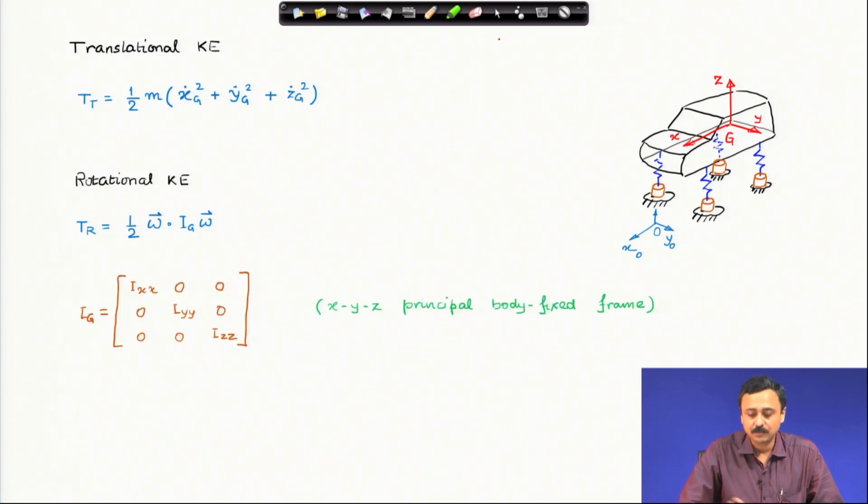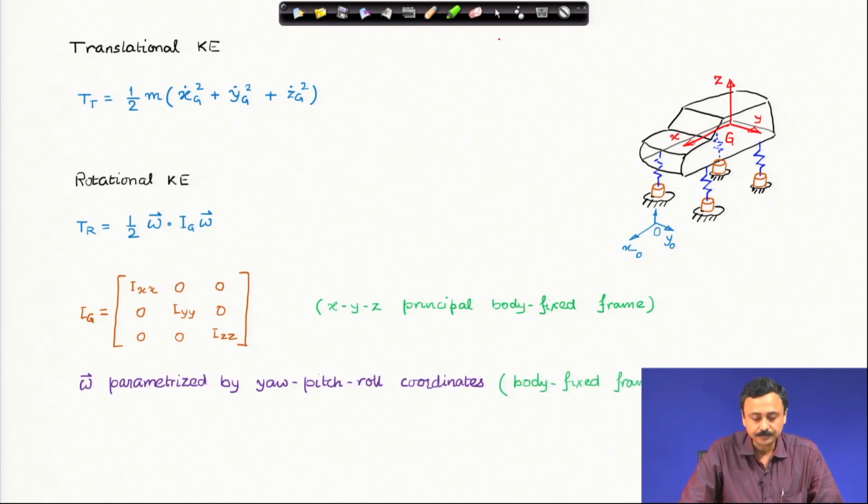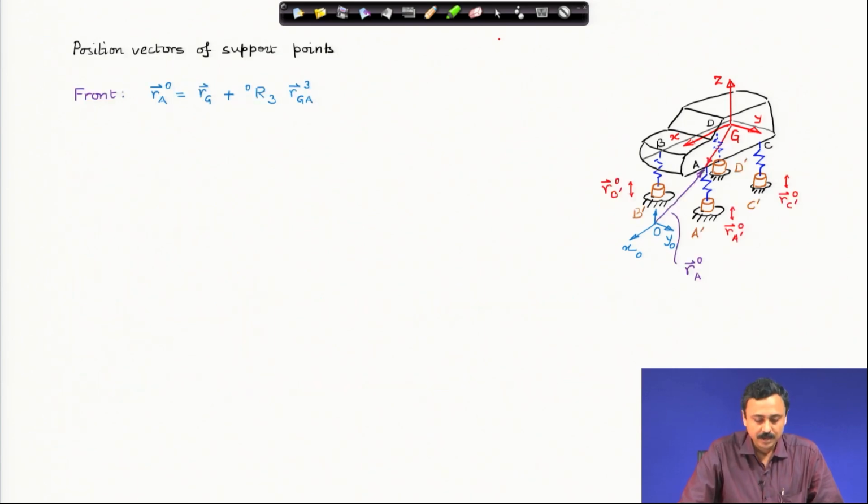If x y z is a principal coordinate system, then I have a very simple form of the moment of inertia tensor, which is completely diagonal, but it need not be. And omega is parameterized by the yaw, pitch, roll coordinates, as we have just discussed, and that too in the body fixed frame.